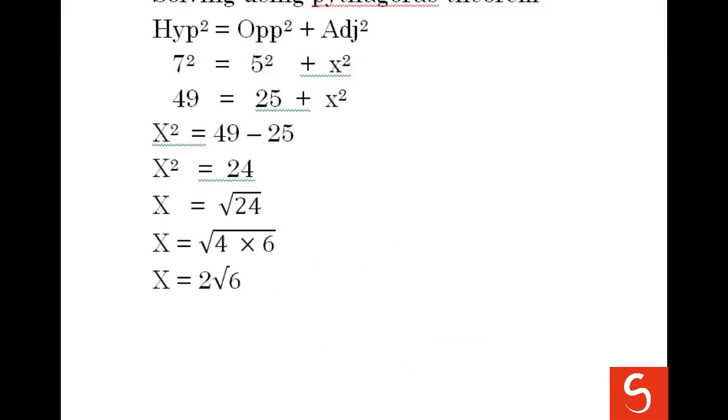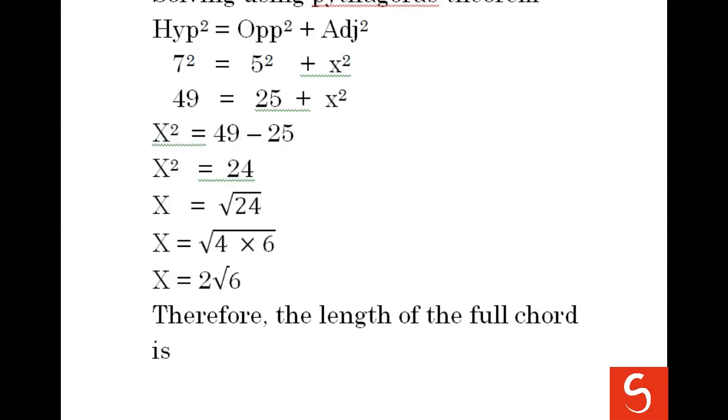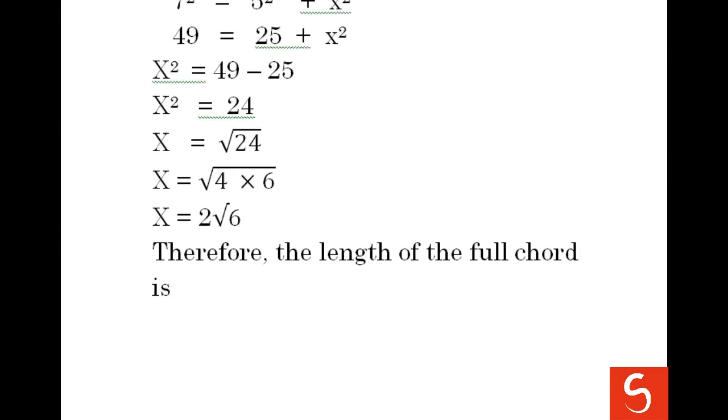Therefore, the length of the full chord is 2 multiplied by 2 root 6. 2 multiplied by 2 is 4, so we have 4 root 6.